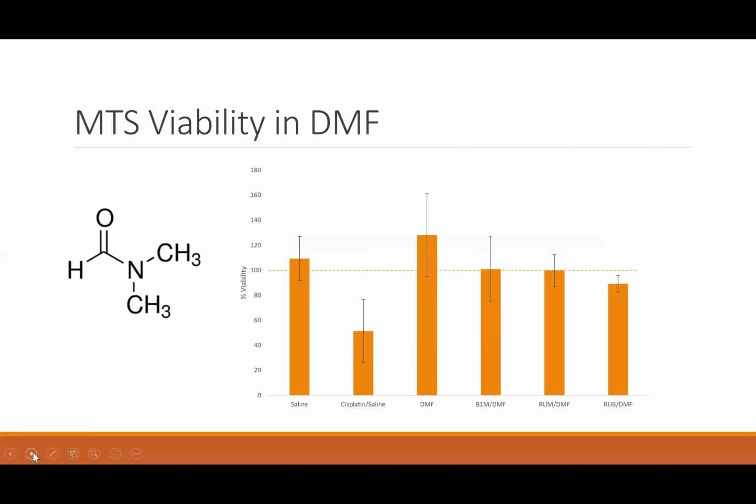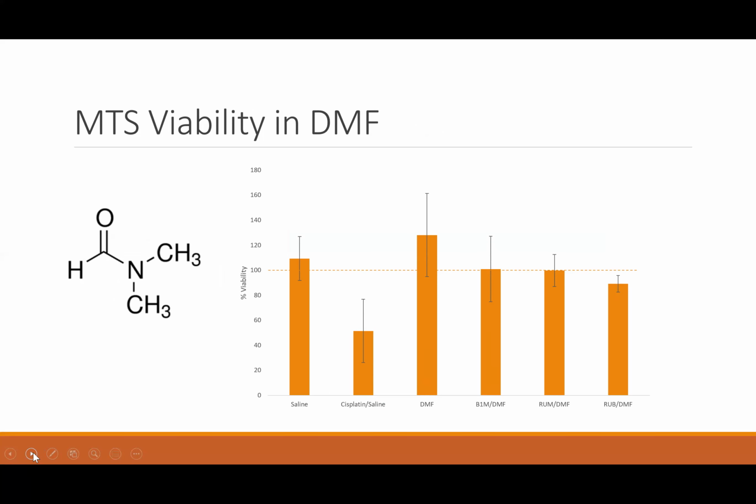And so we used DMF as our next solvent, which is a really common organic synthesis solvent, and the structure's on the left. Again, we have saline, cisplatin and saline, DMF, B1M dissolved in DMF, RUM dissolved in DMF, and then RUB dissolved in DMF.